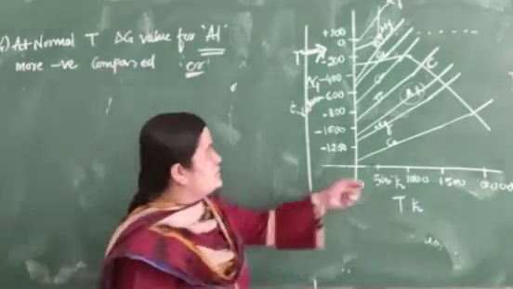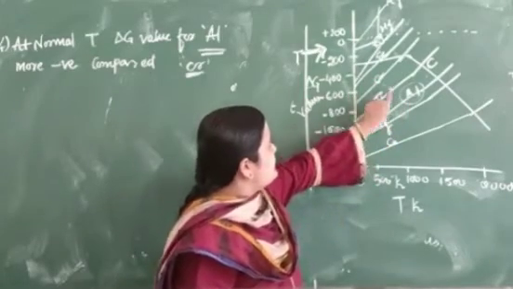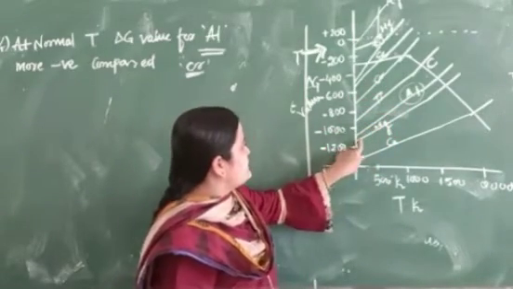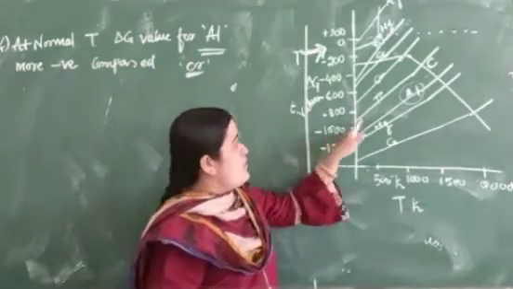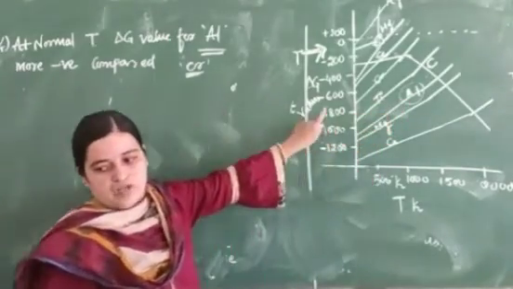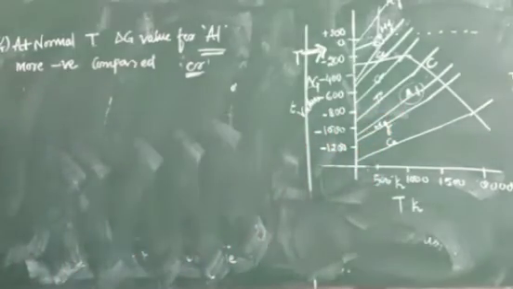What I have told, if you compare Cr and Al, delta G value is more negative for aluminium. Yes, at a normal temperature, delta G value for Al is more negative as compared to Cr.